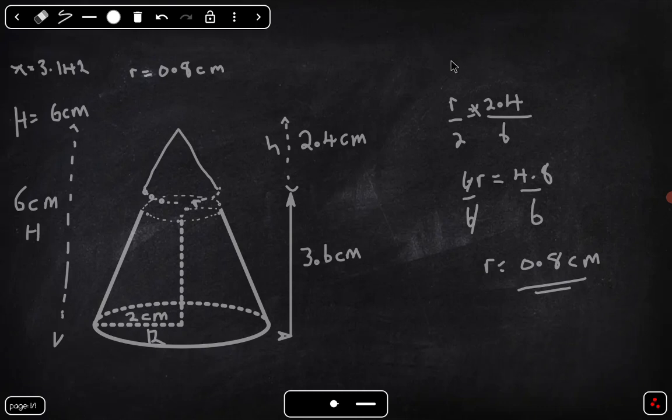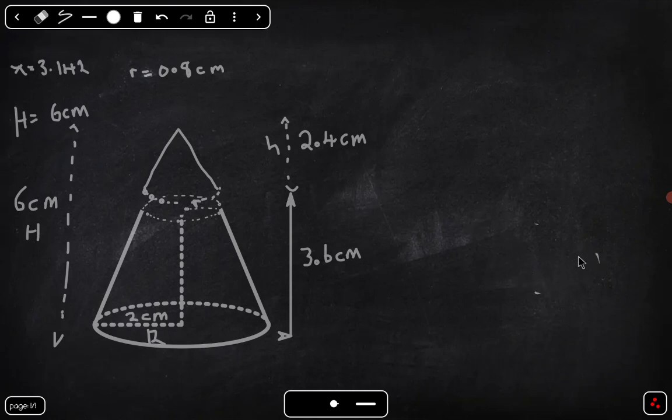Now the other question wanted us to find the volume of the frustum, meaning the part that remained after the top part was cut. So this is the frustum. To find the volume of the frustum, it's pretty easy. Just find the volume of the whole thing, then subtract the volume of the smaller one.